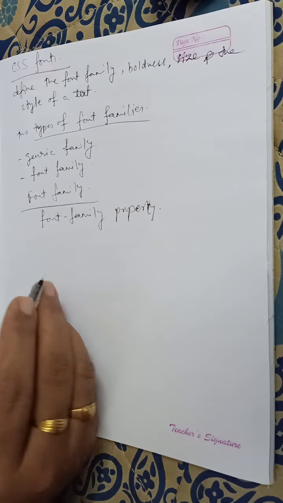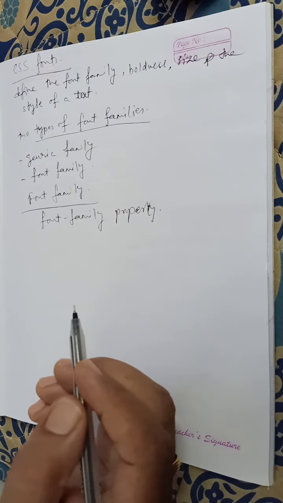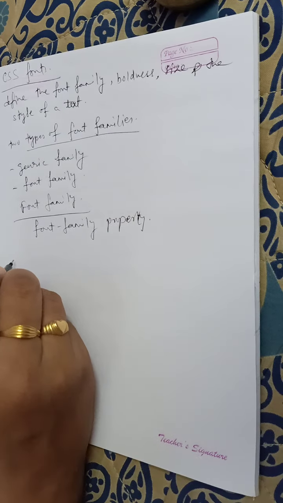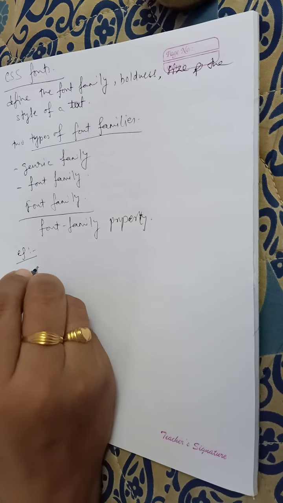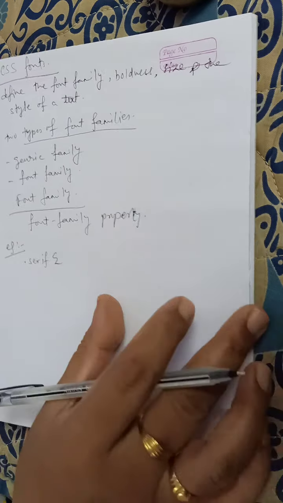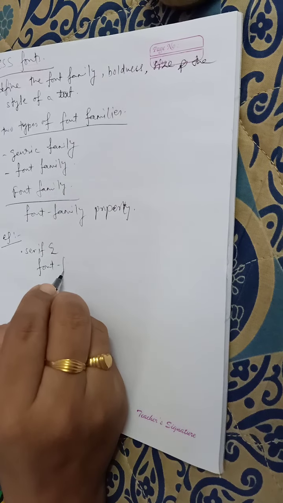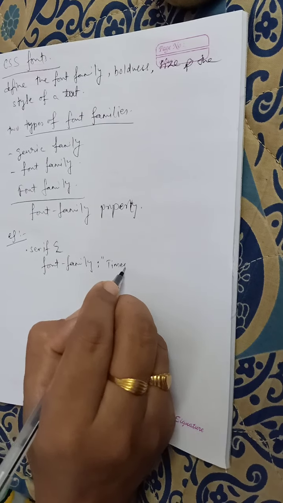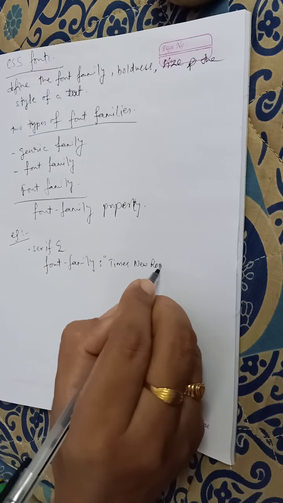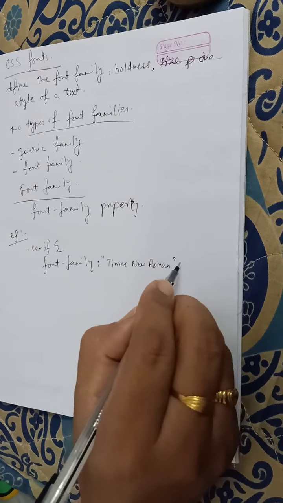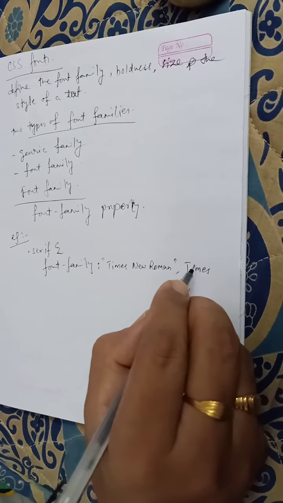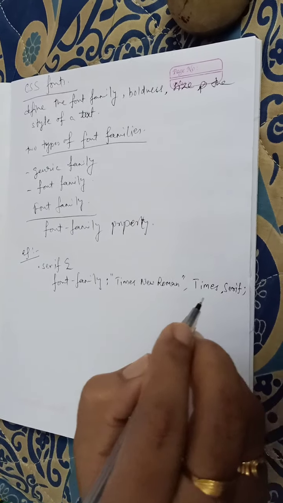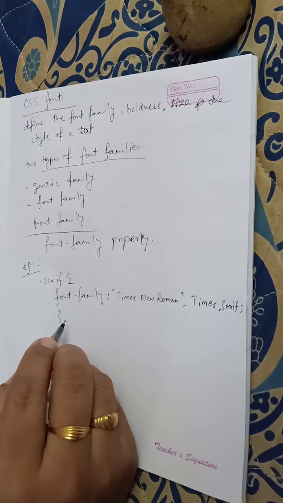Okay. So more than one font family is specified by using comma. We use a comma separated list. So for example, I am writing Times New Roman, then Times, then serif. Okay. This is how we can write.